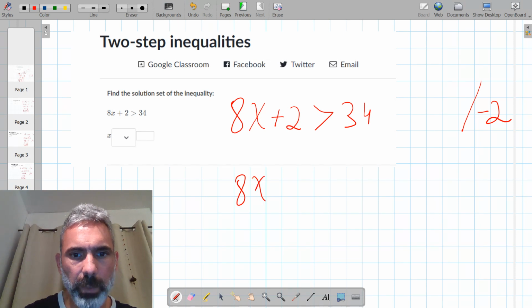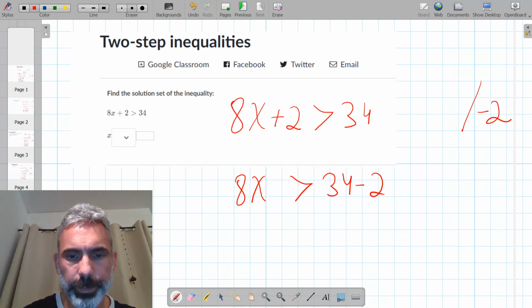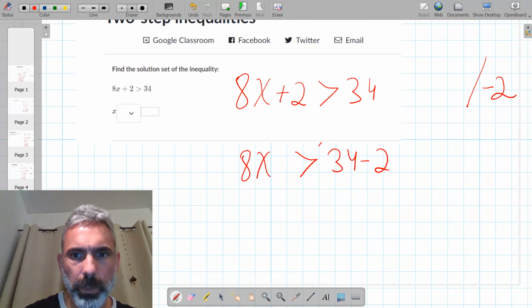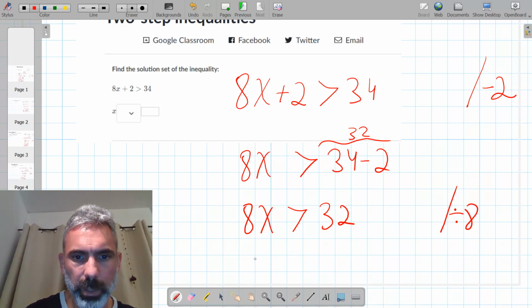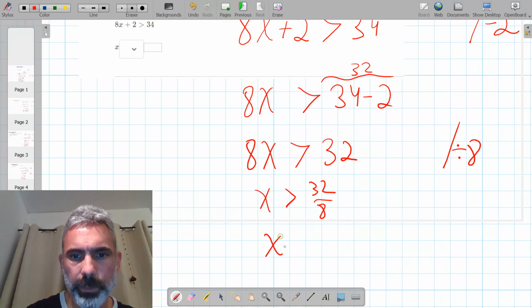So on the left hand side I'm left with 8x. 8x is greater than 34 minus 2. 34 minus 2 is 32, so 8x is greater than 32. I divide both sides by 8, so on the left hand side I'm left with x is greater than 32 divided by 8, so x is greater than 4.